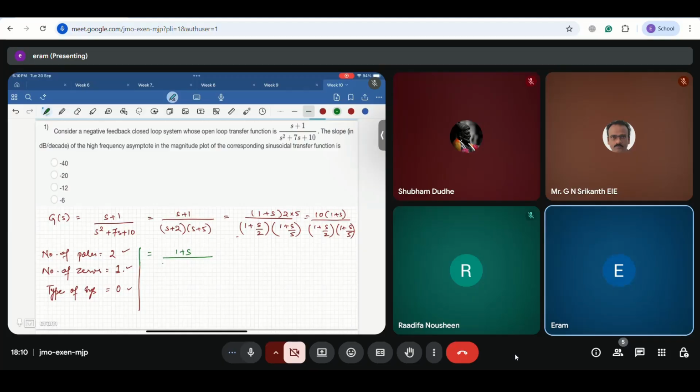Here we have taken out 2, so it will be s by 2 plus 1, and from here we have taken out 5, so it is s by 5 plus 1.